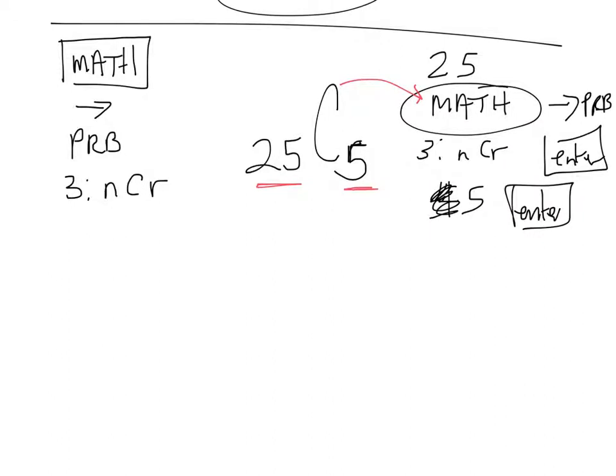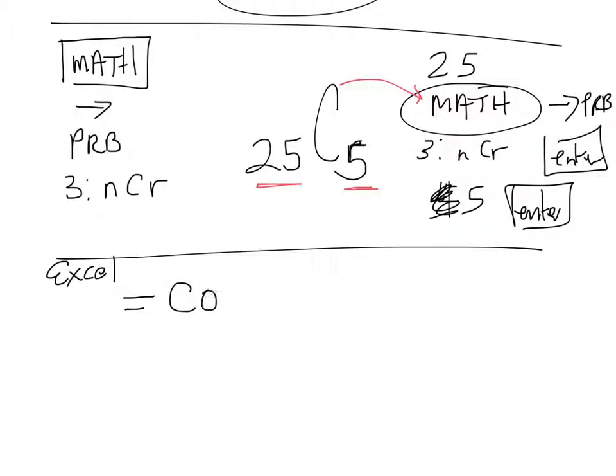Excel also has a combination formula. I have opened a blank Excel spreadsheet, and I simply type an equal sign, then COMBIN, then an open parenthesis, and now I put the total, comma, the number chosen, and then close the parenthesis.